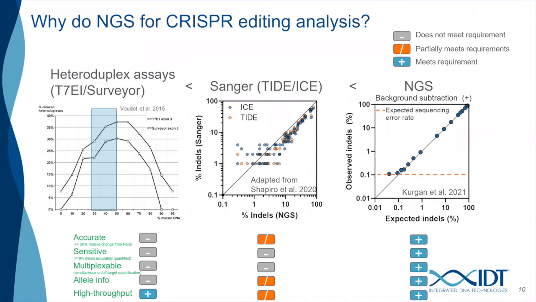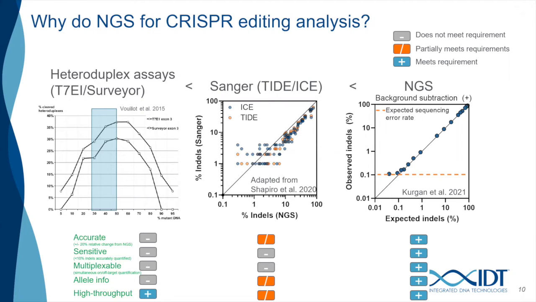What I mean by that is you see a good correlation until you get down to low percent editing levels, and then the variability really starts to show. You just can't get as sensitive, which is really important when you're looking at potential off-target edits that may be in the under 1% range.